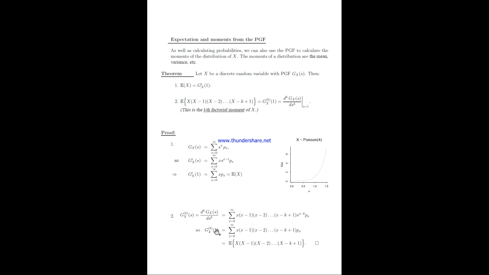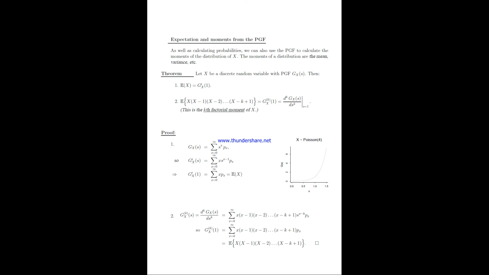And when you substitute 1 for s, this s to the power x minus k term will cancel out. Then you have x into x minus 1, x minus 2, up to x minus k plus 1, into p(x).